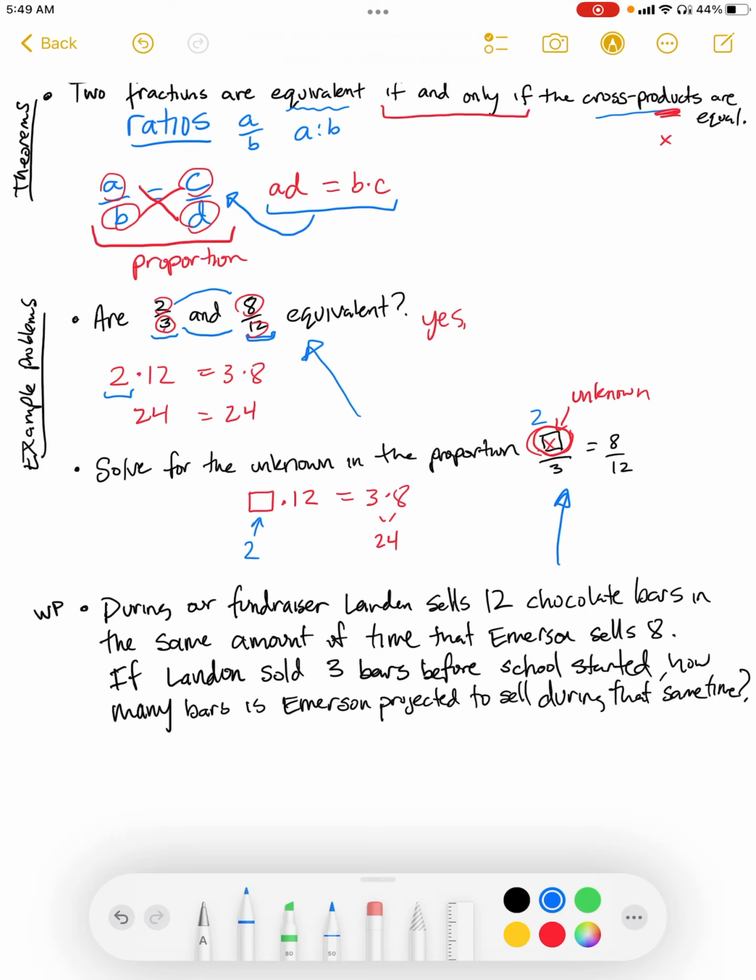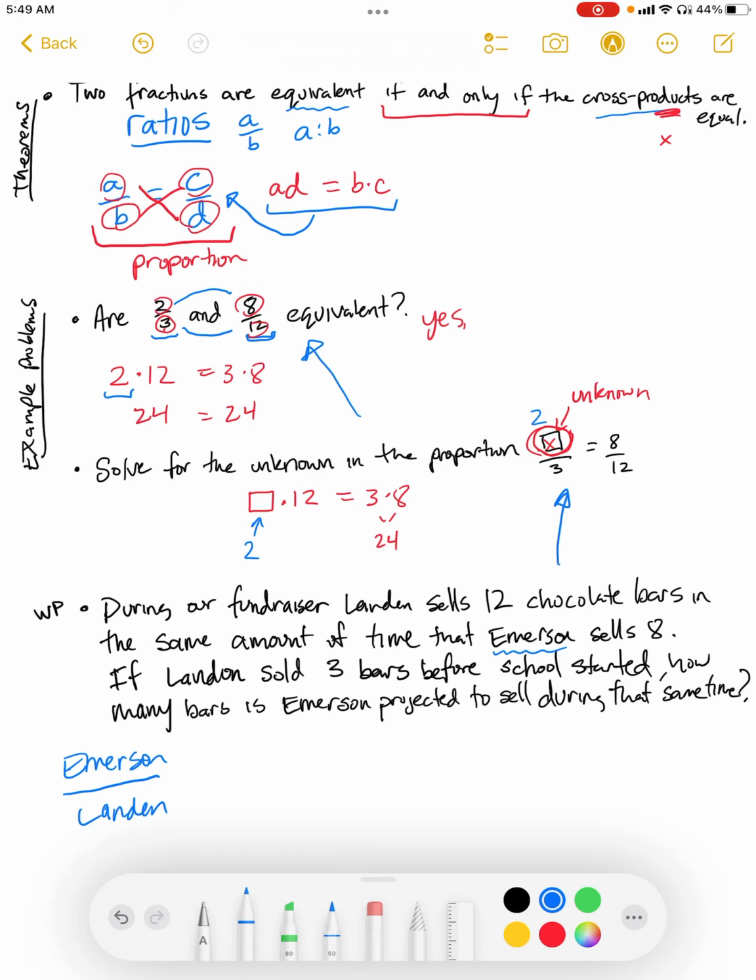Okay, how? Well, I am going to write Emerson's, all of his sales is going to go in the numerator. I'm looking at the ratio compared to Landon.